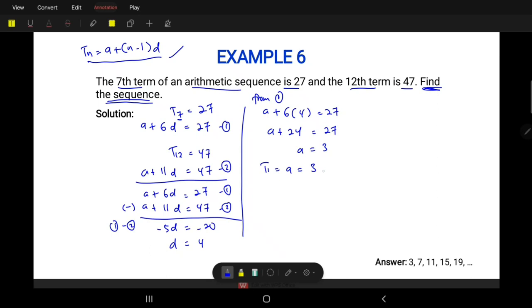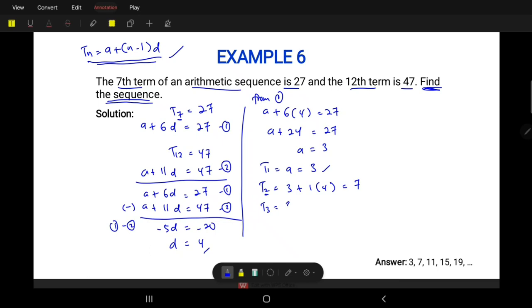The first term is 3. How to find the second term? The second term, use this formula, where A is 3 plus n minus 1. N is 2, so 2 minus 1, you get 1 times D, where D is 4. So 3 plus 4, you get 7. How to find the third term?